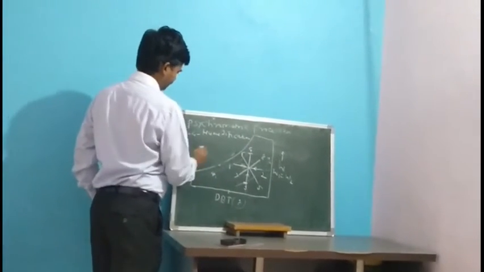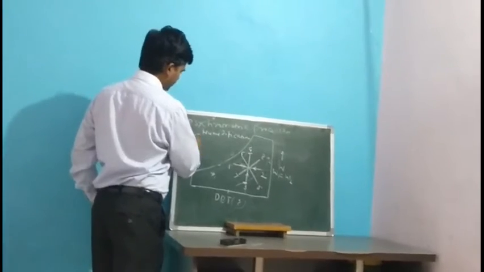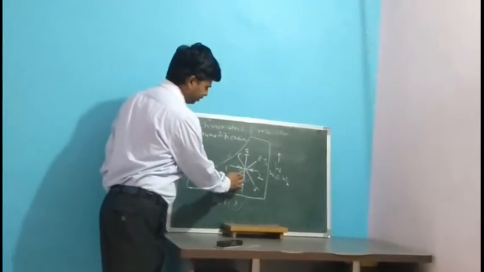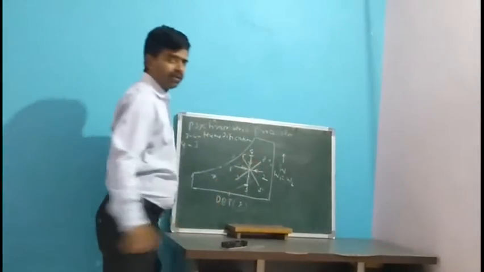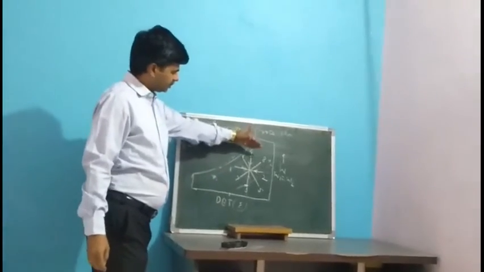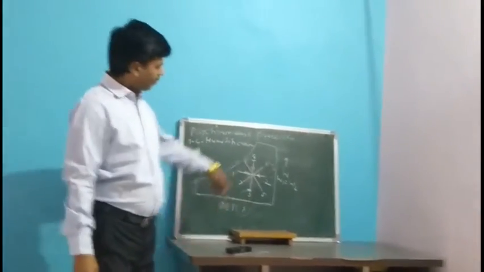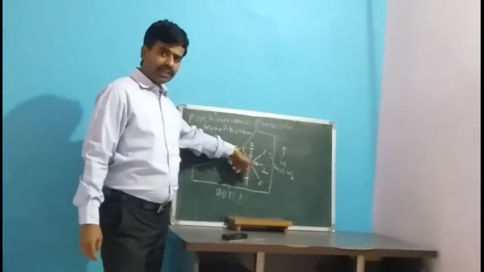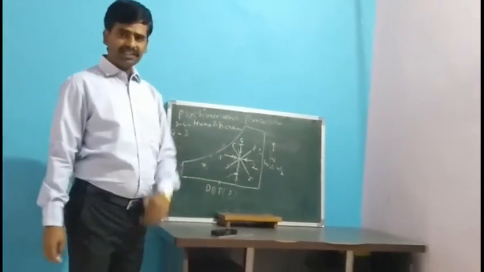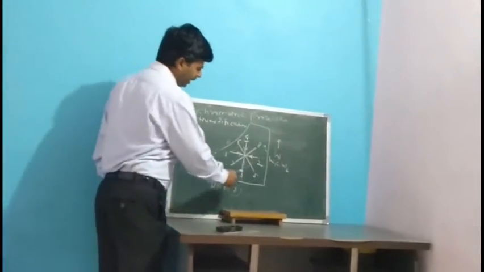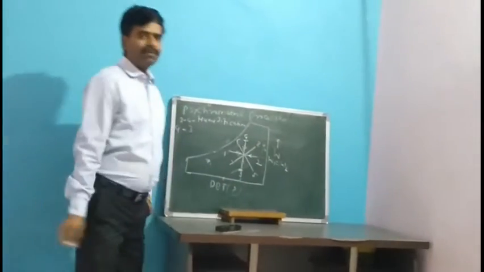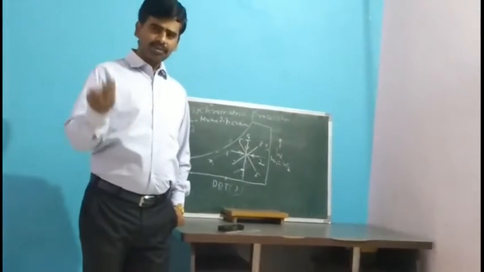Then 4 to 3 is exactly the reverse of this, where the specific humidity is decreasing from W4 to W3, the relative humidity is also decreasing, and the DBT, that is the dry bulb temperature of air, remains constant.